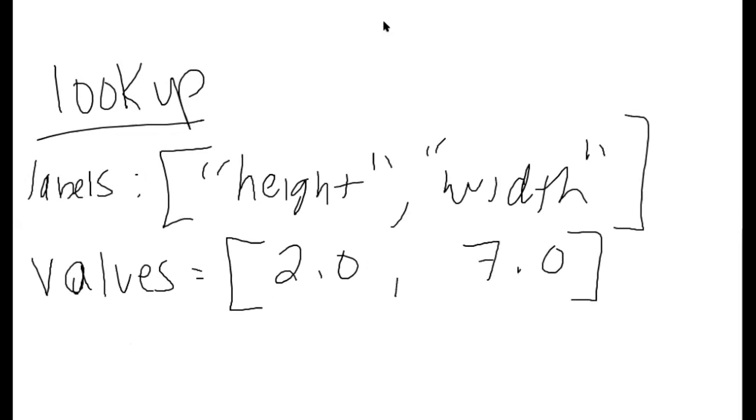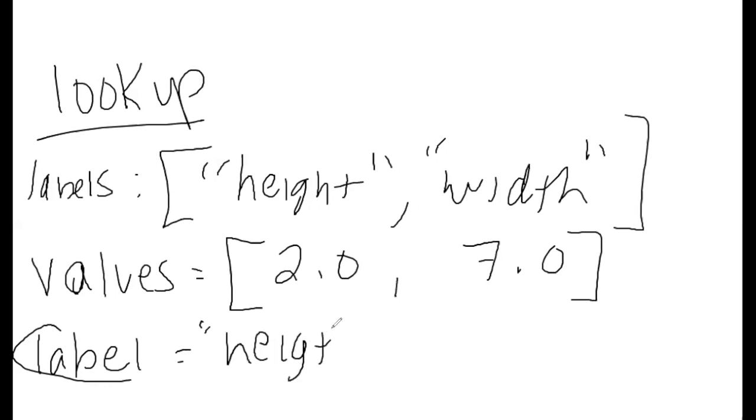All right, and the last parameter is some label. The idea of this function is, given some label, look up the value at that corresponding label. So let's just say our label was height in this case.